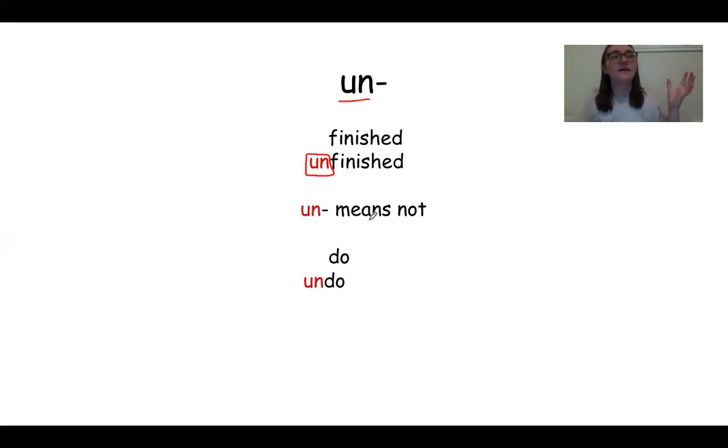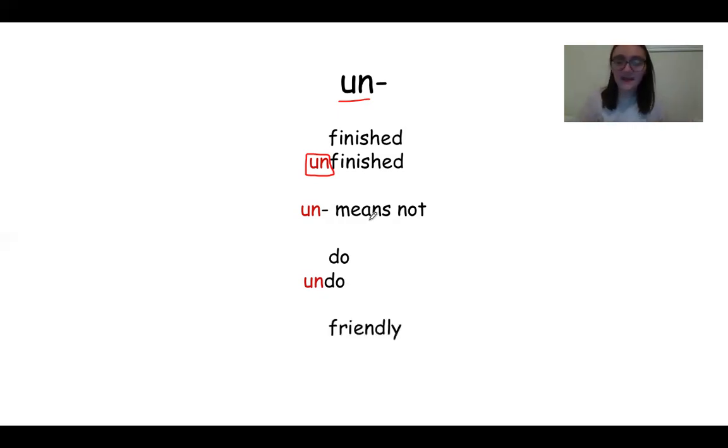I can't think of a good example, but like people say undo the buttons, right? That's kind of confusing, like undo. Do, right, means, so if I said I do my buttons on my shirt, it means that you put them on, right? But if you say undo, it means to take them out again.